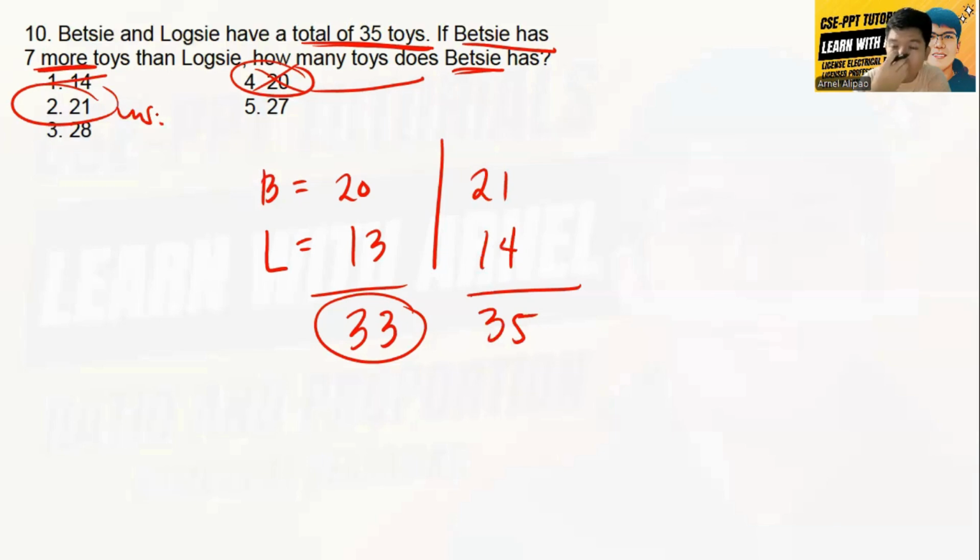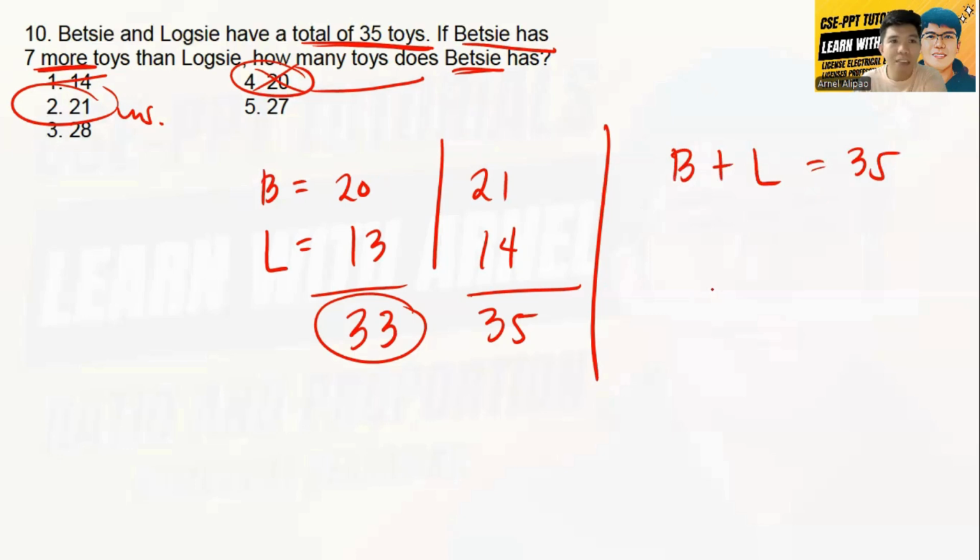Or if you want to really do it the college way, you can do it, if you are more comfortable doing it like that. For example, we are given that Betsy and Logsy have a total of, okay, Betsy plus Logsy is equal to 35 toys. Then we have an equation.